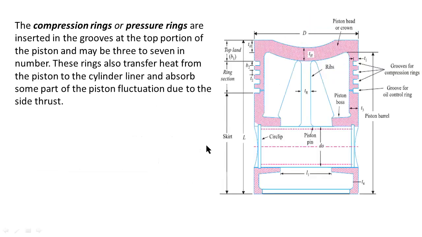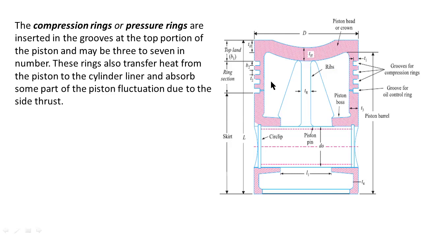The compression rings or pressure rings are inserted in the grooves. Here these are the piston grooves, where we are inserting the piston rings. We insert the piston rings in the grooves at the top portion of the piston, maybe 3 to 7 in number.